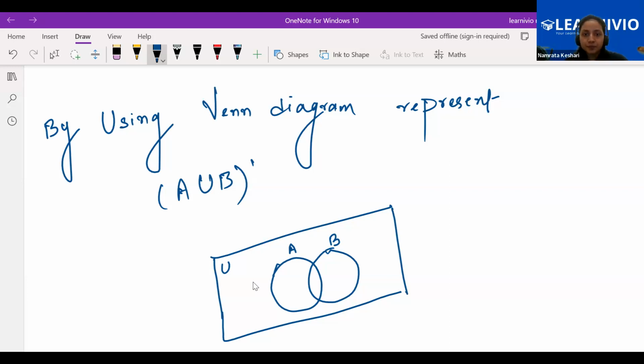Whole box shaded except A and B. Can you please repeat? The whole box shaded except the circle A and B. Wait, your voice is very low. Now, can you tell me? The whole box shaded except the circle A and B. Okay, the whole box except the circle, right? Is it so, Alina? He said the whole box except the circle. Is it so?